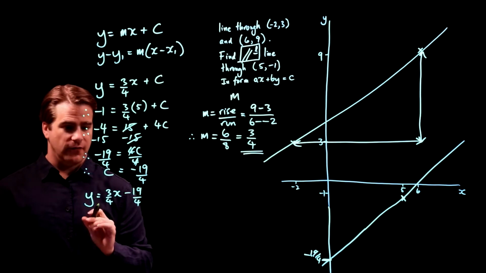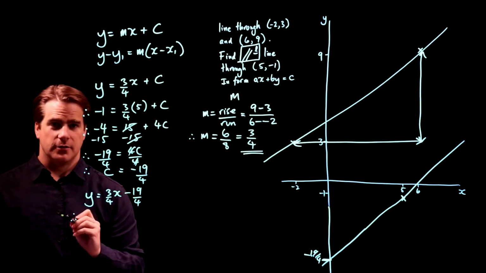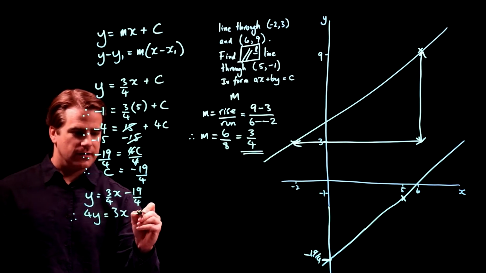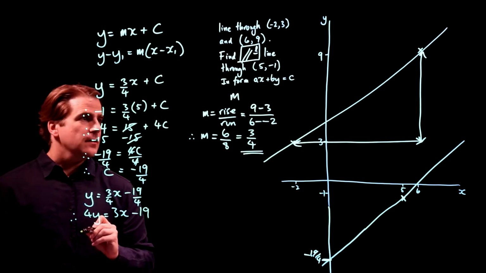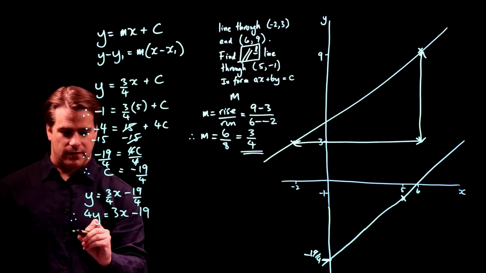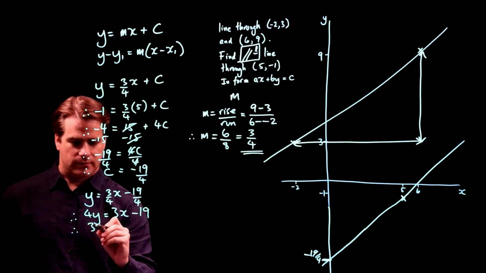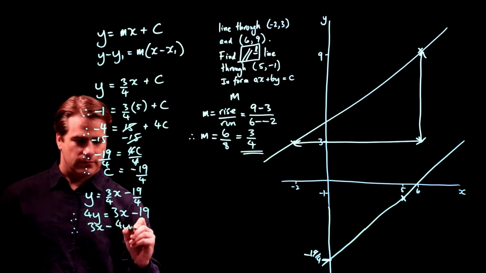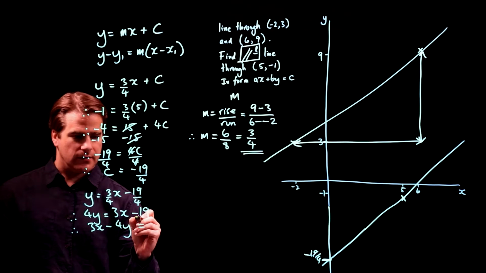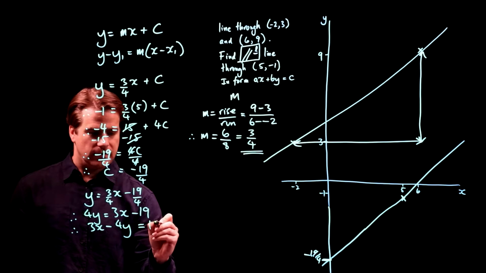If you multiply everything by 4, that's a good thing, because we get 4y is 3x minus 19. ax plus by is c, so we've got to bring the y's over here and that over here, and we get 3x minus 4y equals 19.